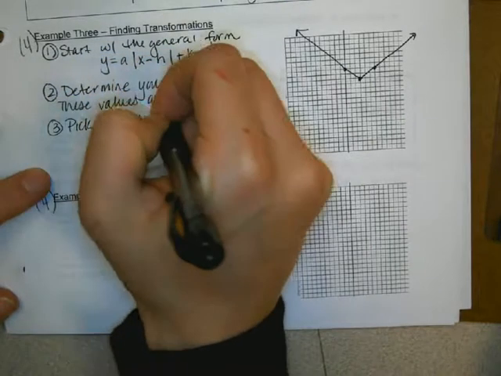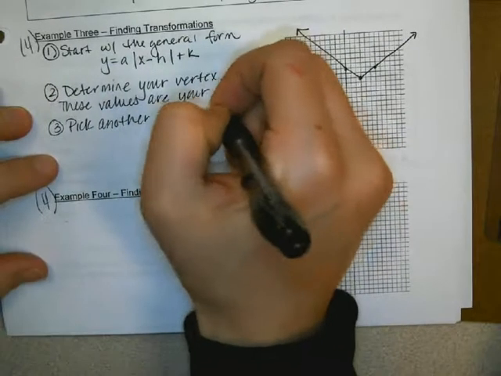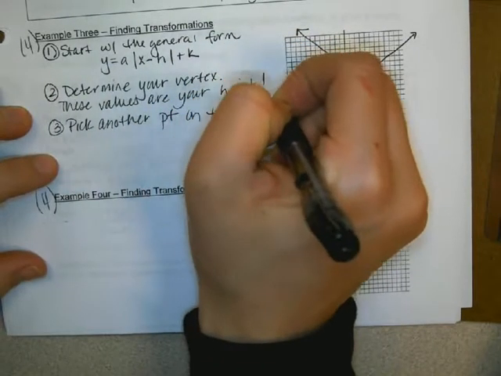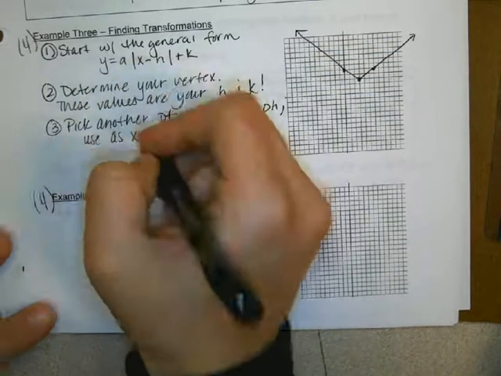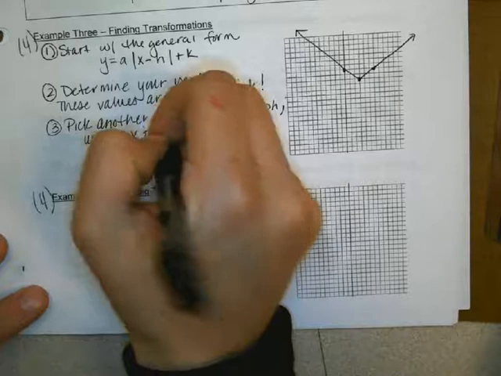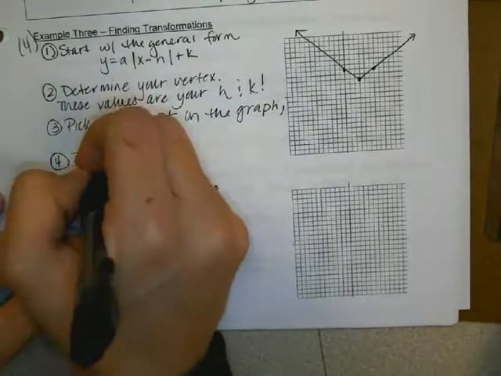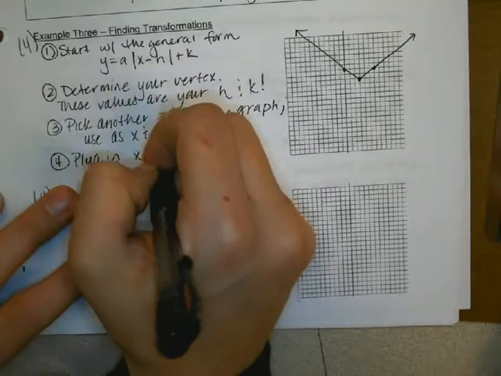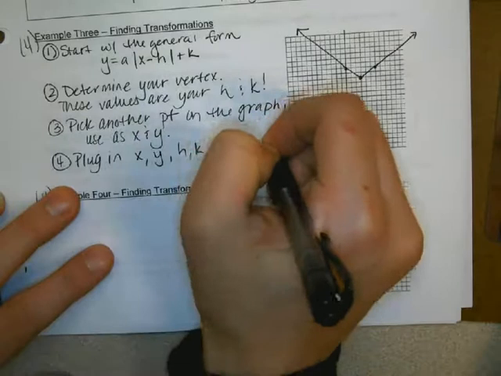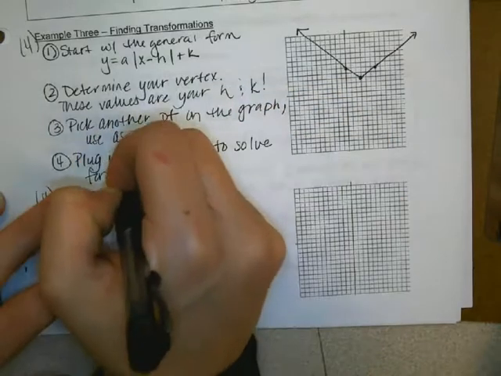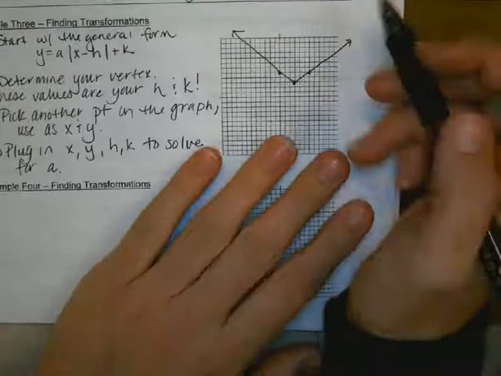Then you're going to pick another point on the graph and use it as your x and y. And then our final step here will be to plug in x, y, h, and k to solve for a. Okay, so let's do that over here.